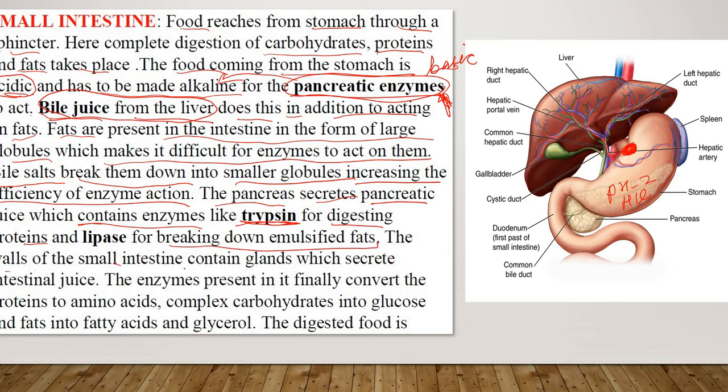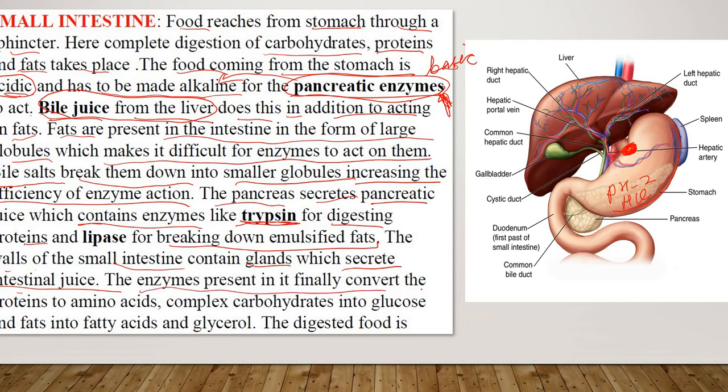The walls of the small intestine contain glands which secrete intestinal juice. The walls of the stomach contain gastric glands, and gastric juice is secreted from gastric glands. Intestinal juice is secreted from intestinal glands.